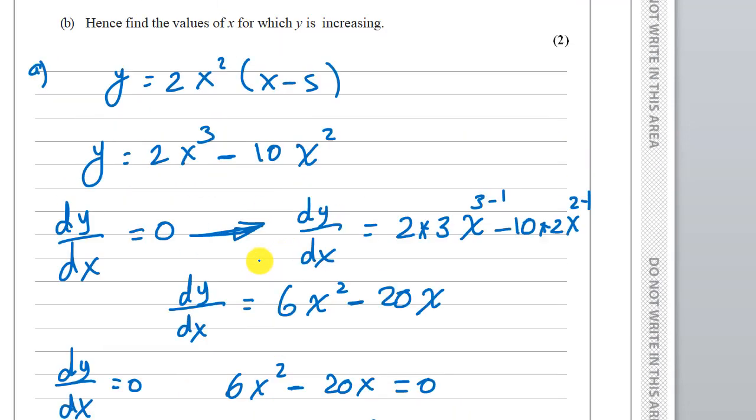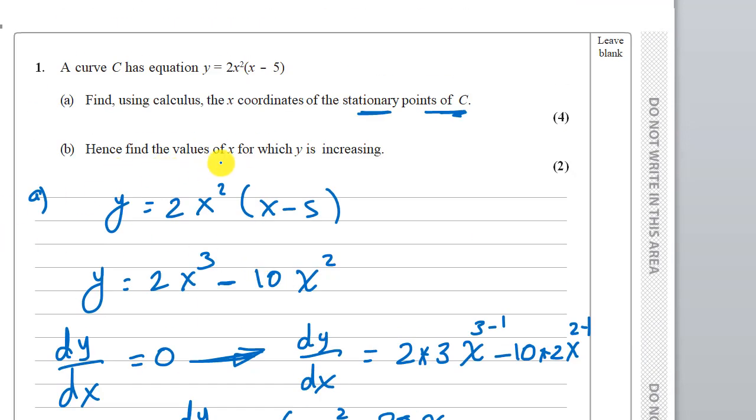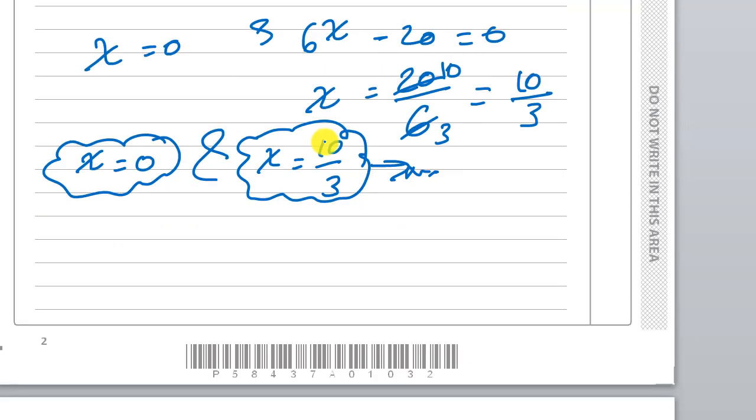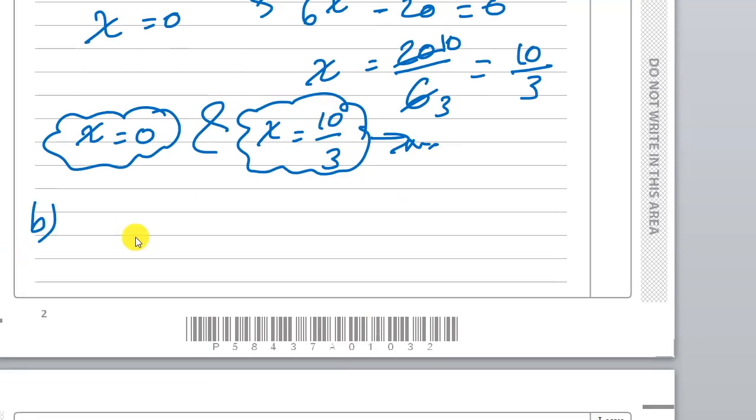Okay, let us go ahead to another part. Hence, find the values of x for which y is increasing. This is part B. To solve this part, x less than or equal to 0, and x bigger than or equal to 10 over 3.